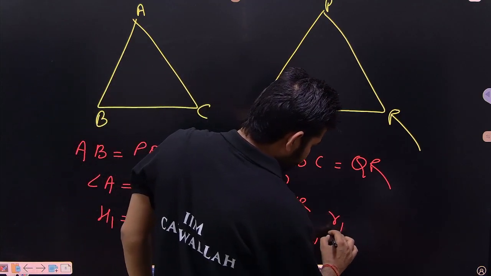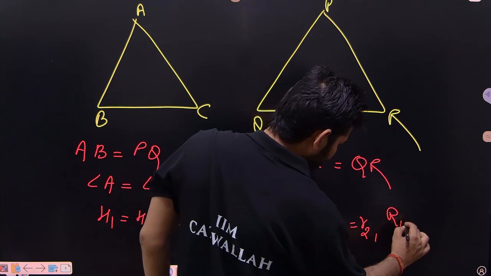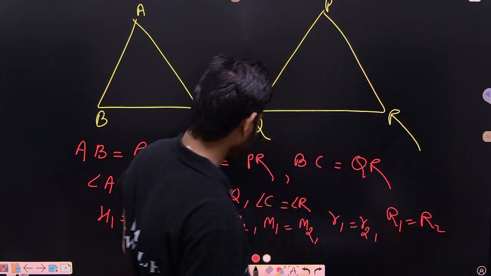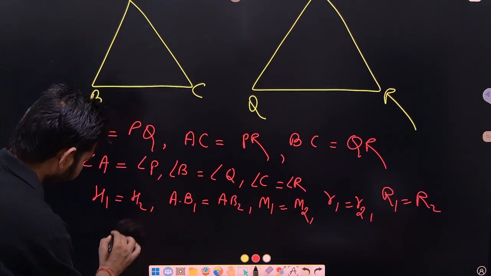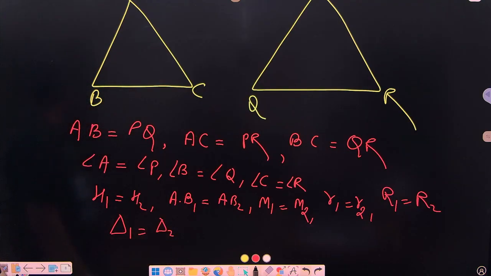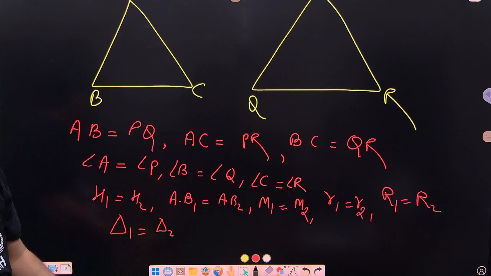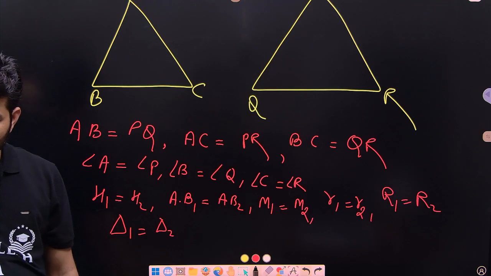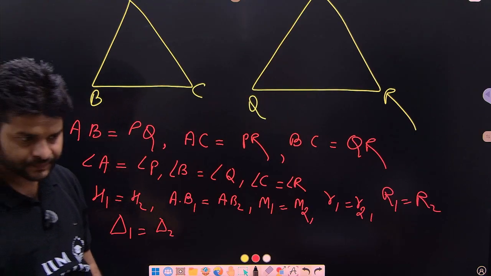Small r1 equal to r2, capital R1 equal to capital R2, and delta 1 is equal to delta 2. You know delta? Delta always represents area. So the area of the first triangle would be equal to the area of the second triangle. But in similarity, the ratio would be equal, whereas over here, the same thing would be equal to the same thing.